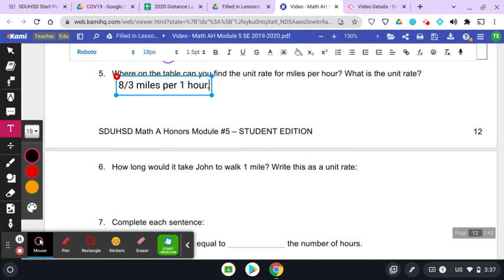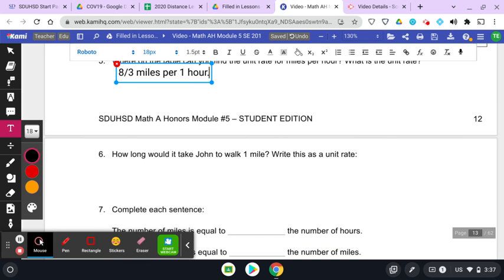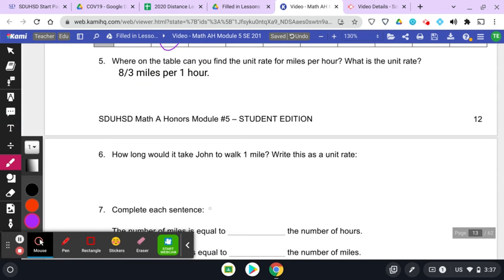How long would it take John to walk 1 mile? Okay. So I think about my unit rate. 8/3 miles in 1 hour is the same as what? 1 mile in how many hours?